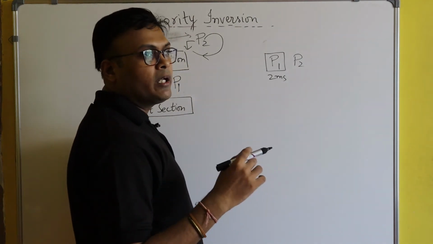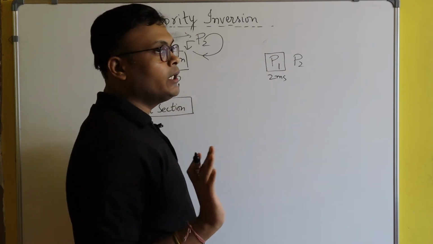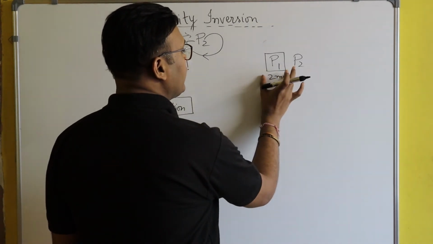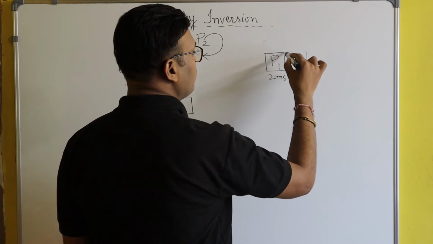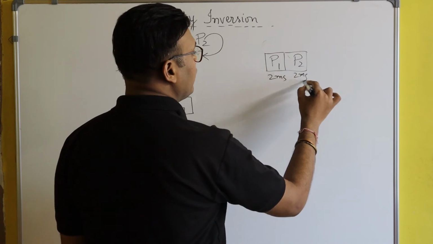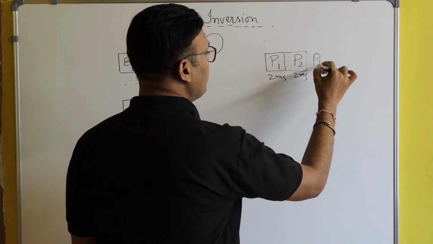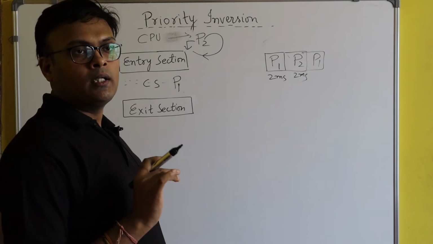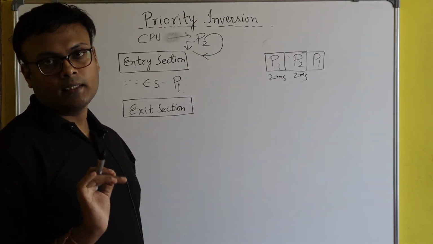This holds irrespective of whether P1 completed its task or not. After the expiry of the time quantum, the CPU will be given to P1, and P1 will also run for 2 milliseconds. Again, after the expiry of the time quantum, the CPU will be given to P2. So in the round robin algorithm, each process is given an equal opportunity to access the CPU.